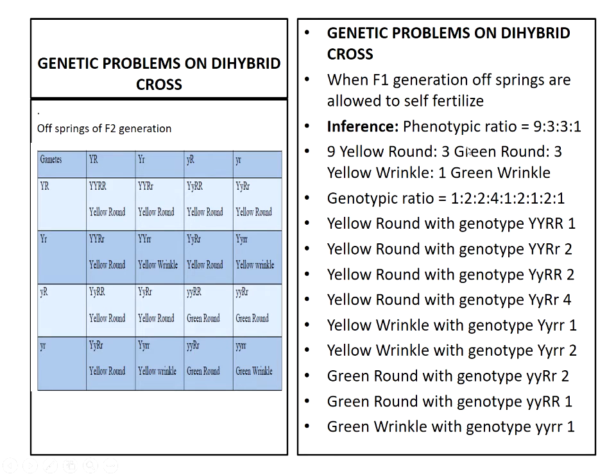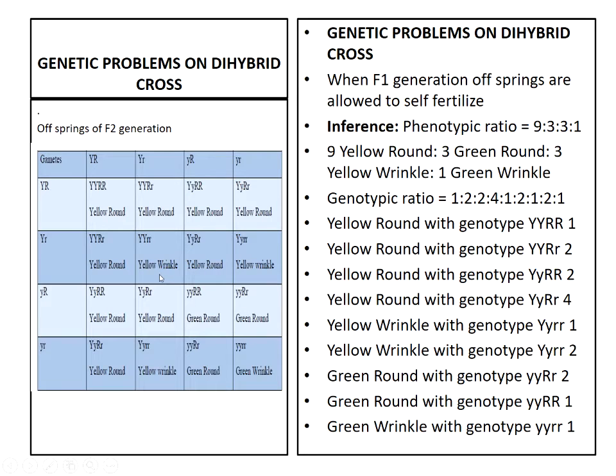Like that we obtained 3 green round. So here it is 1 green round, 2, and also 3. And next is 3 yellow wrinkled.